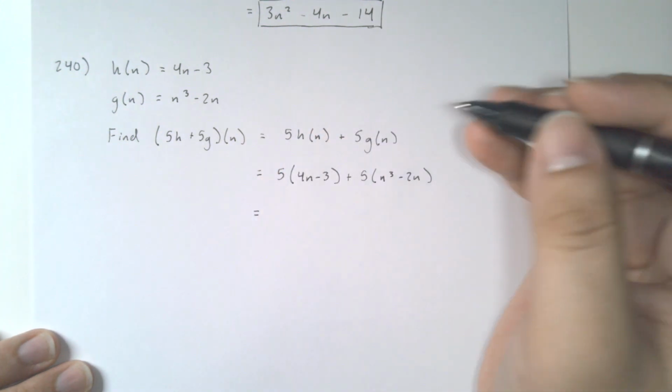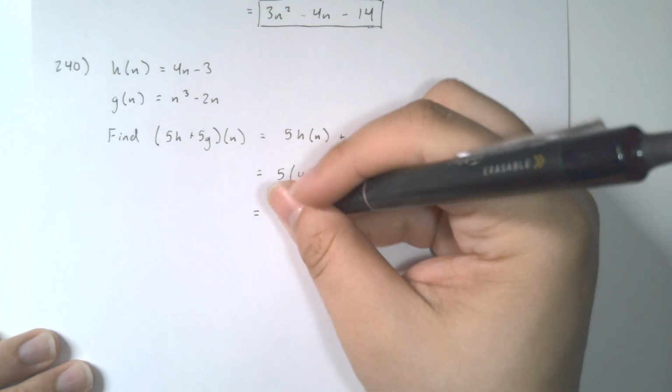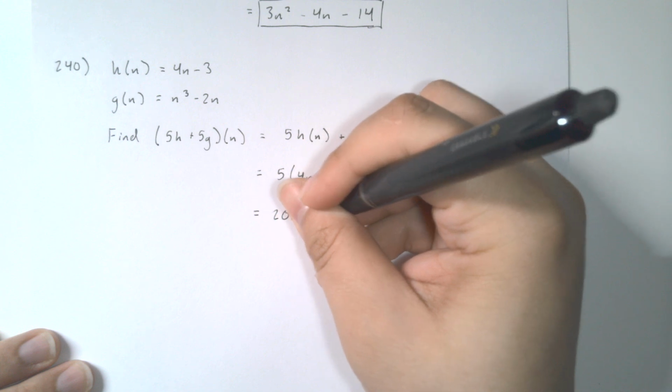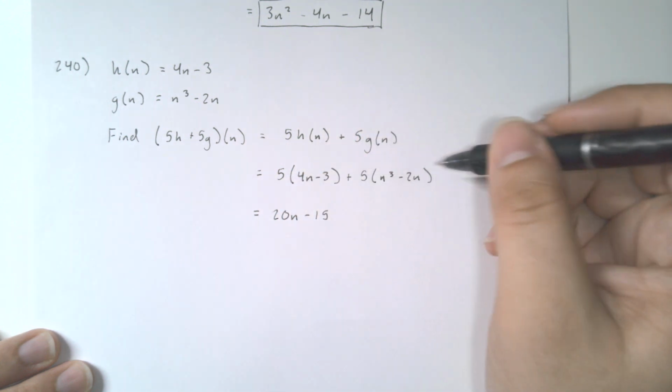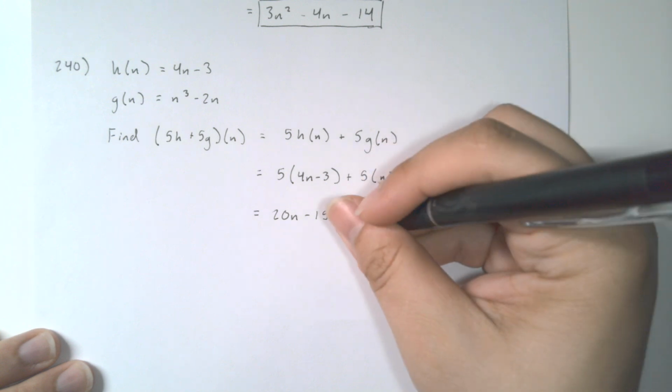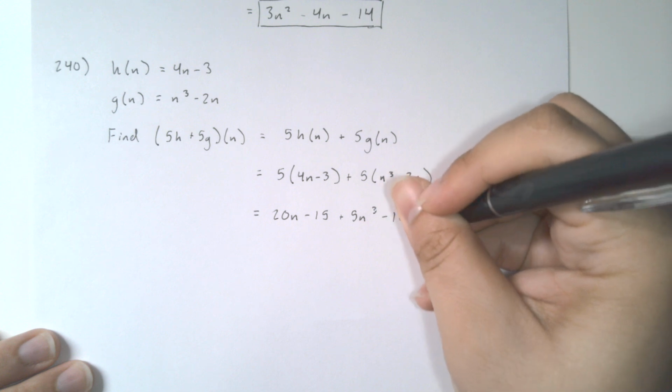So we're going to distribute 5 with 4n minus 3. That's going to give us 20n minus 15. And we're going to distribute 5 with n cubed minus 2n. So plus 5n cubed minus 10n.